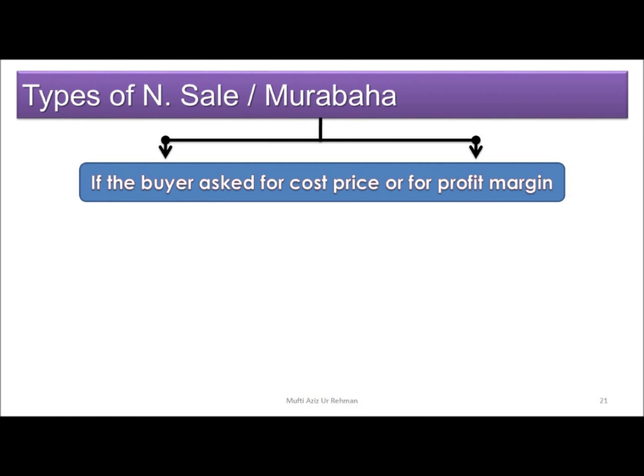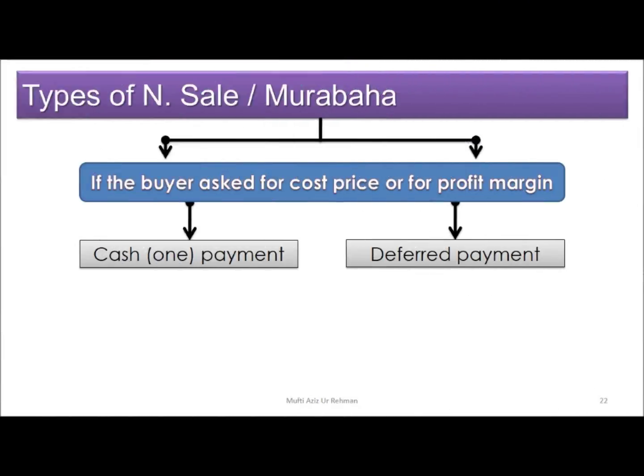Types of normal sell are types of Murabaha. If the buyer asks for cost price or for profit margin, then there are two types. Price is paid in cash, on spot, yani cash payment, or price is deferred. But again remember, all these things are not allowed in gold and silver.